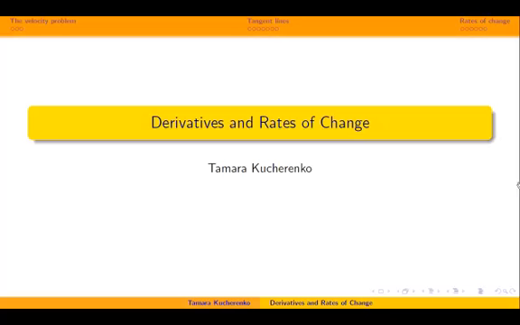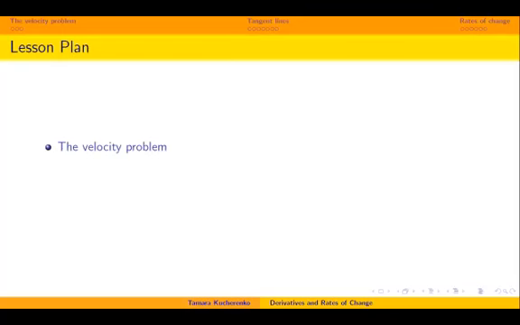In this lecture, we start the study of the derivative and its many applications. We begin by considering a specific problem of finding the velocity of an object at some point in time.